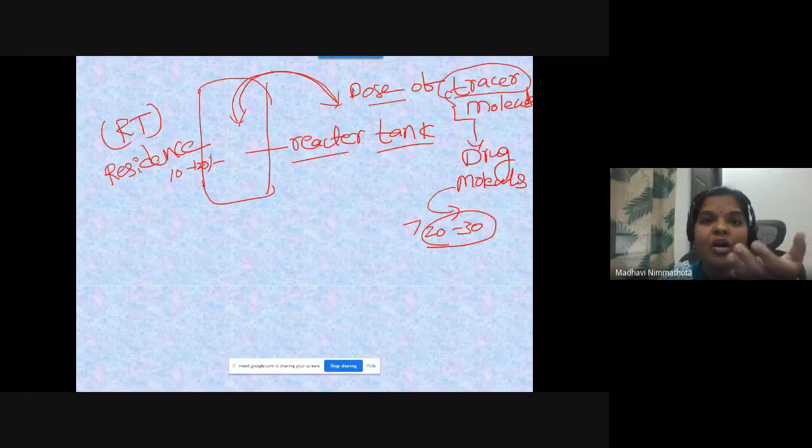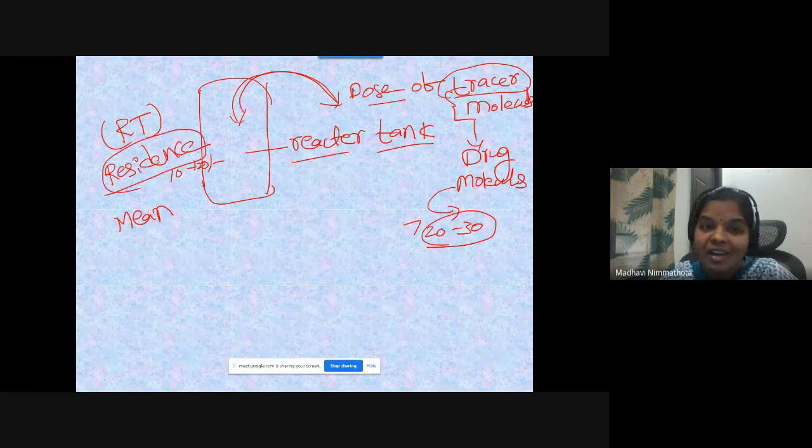So we cannot assume a particular particle's residence time in our body, that is our tank. That's why here we need to take the mean of the residence times of the particles. So the mean residence time is denoted as MRT.